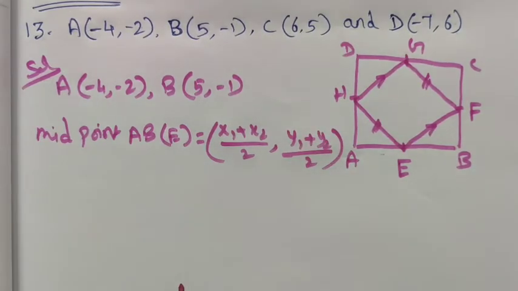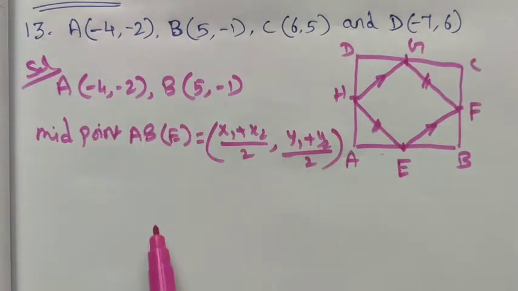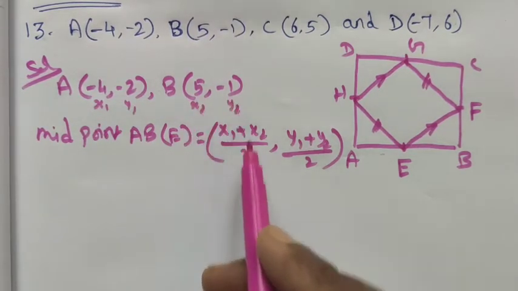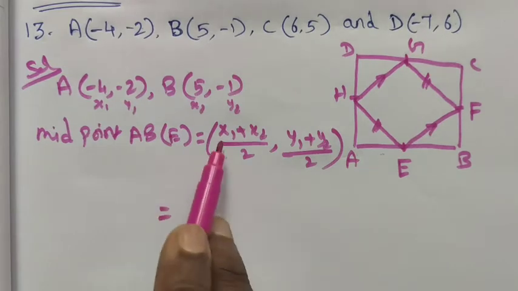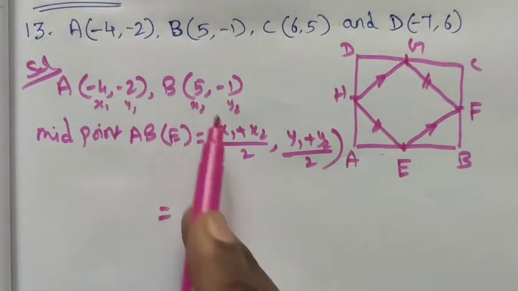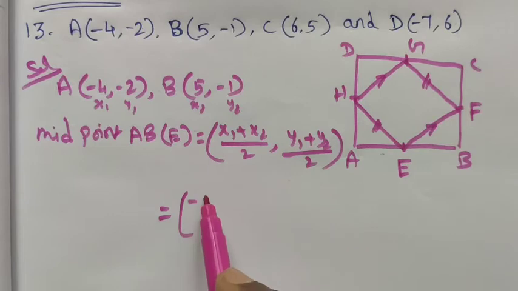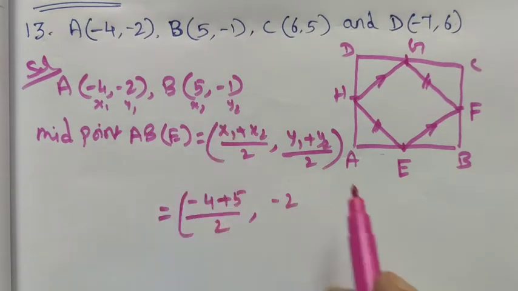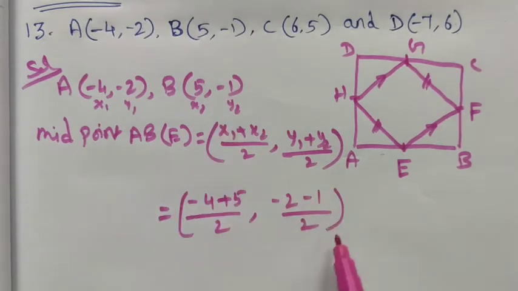That is the midpoint formula. Now we apply the values. The first point we take as x1, y1, second point x2, y2. Now sum of x1 and x2, right? That is (-4 plus 5) divided by 2, y1 is -2, y2 is -1, divided by 2.